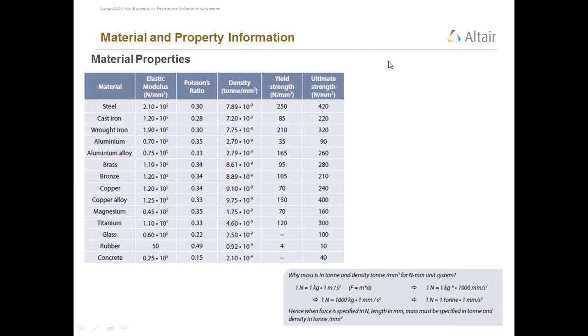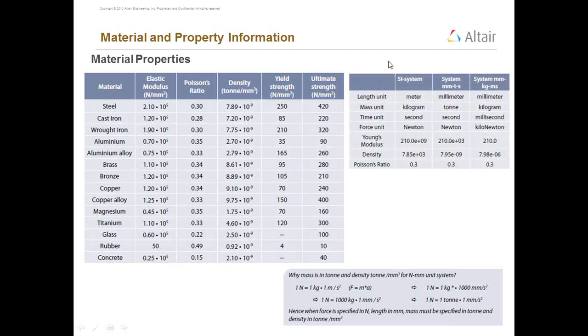So 1 Newton is equal to 1000 kg multiplied by 1 mm per second square. So 1 Newton is equal to 1 ton multiplied by 1 mm per second square. Hence, when force is specified in Newton and length is in mm, mass must be specified in tons and density in tons per mm cube.